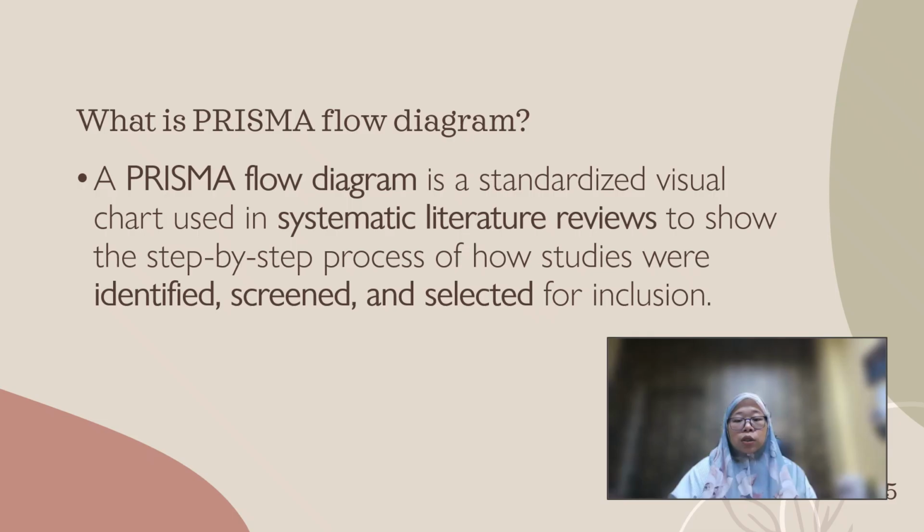Okay, here I share with you the meaning of the PRISMA flowchart or flow diagram. A PRISMA flow diagram is a standardized visual chart used in systematic literature reviews to show the step-by-step process of how studies are identified, screened, and selected for inclusion.